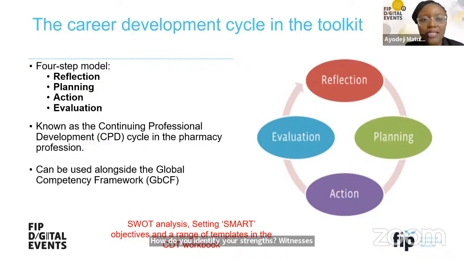How do you set SMART goals, specific, measurable, achievable, realistic, and time-bound goals? How do you take action? And how do you evaluate? Like I said, it complements the GbCF. You identify a competency, and then you can go through this process. So we guide people to think, how do you achieve this? And that's what the toolkit aims to do.